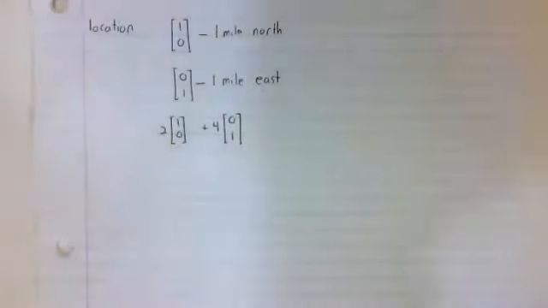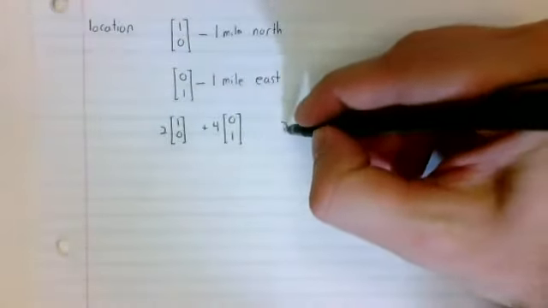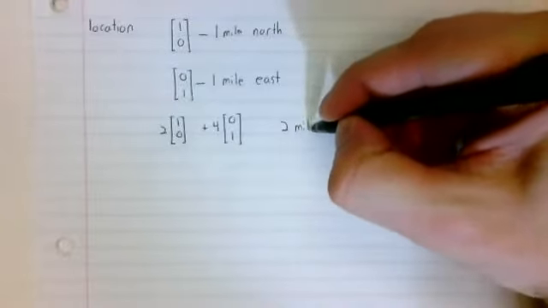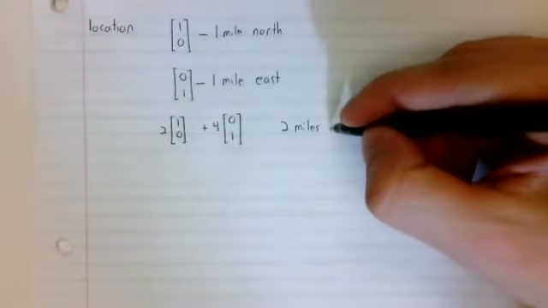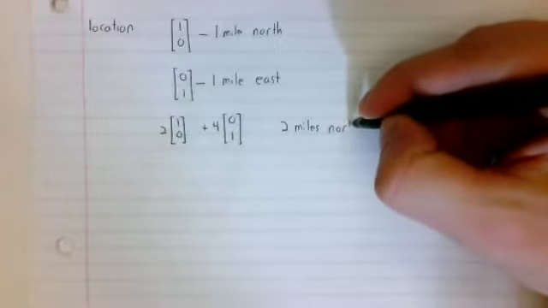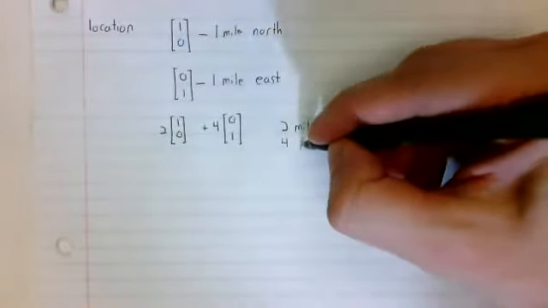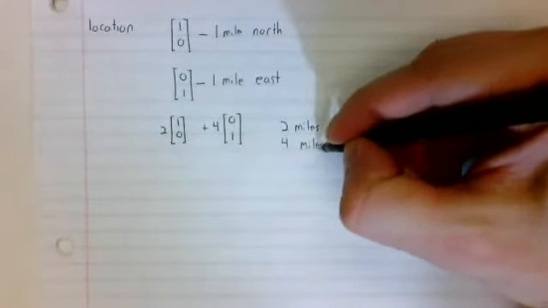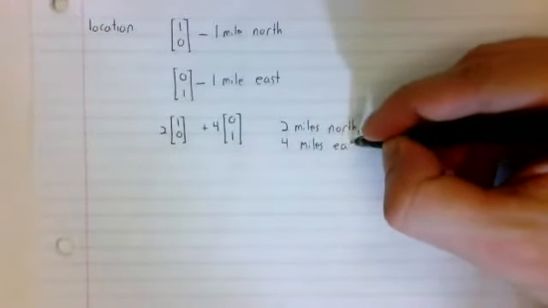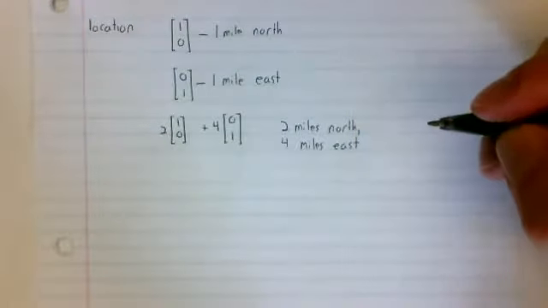Well, we can read right off what this represents: 2 miles north, 4 miles east.